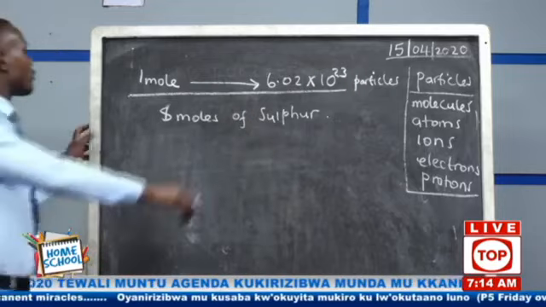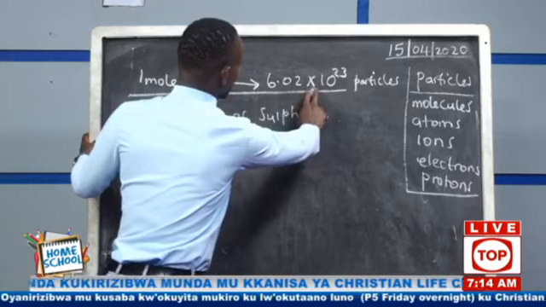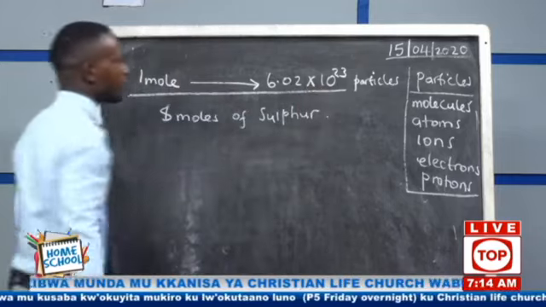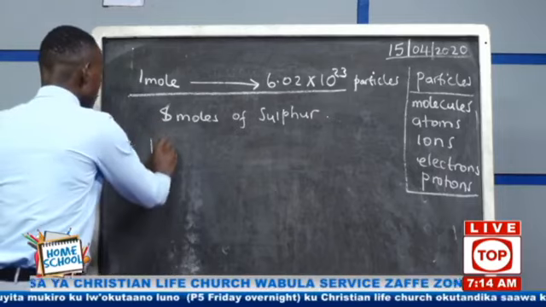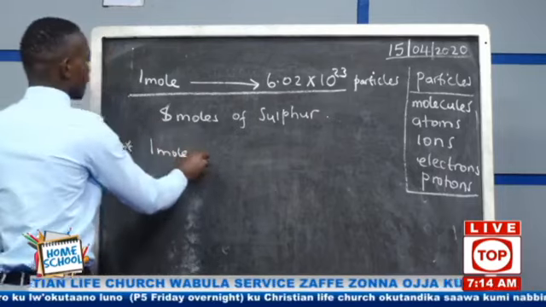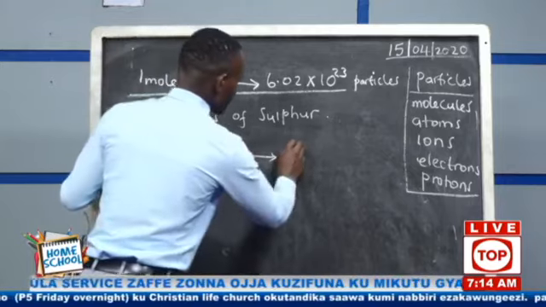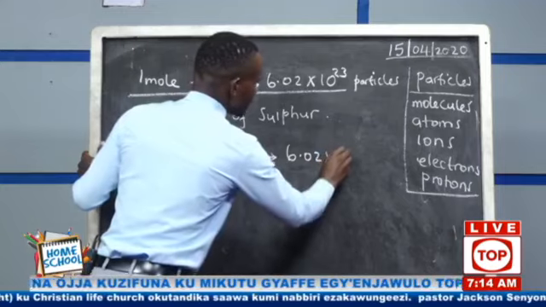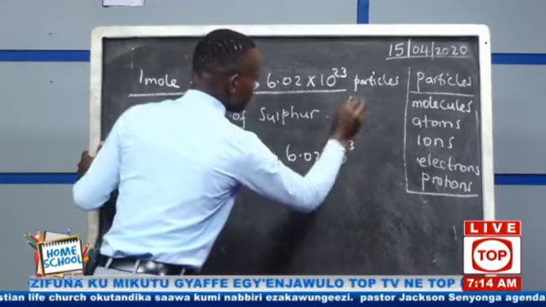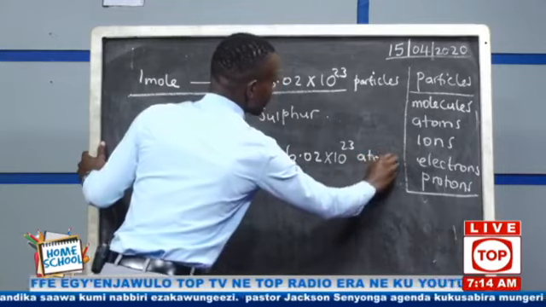So when you go to 1 mole equaling to 6.02 times 10 power 23 particles, that means in this question we shall say 1 mole is equal to or contains 6.02 times 10 power 23, and now the particles we are dealing with, they are atoms.